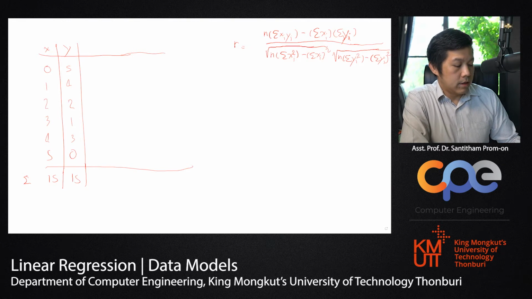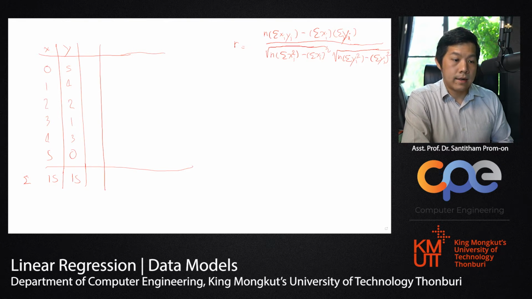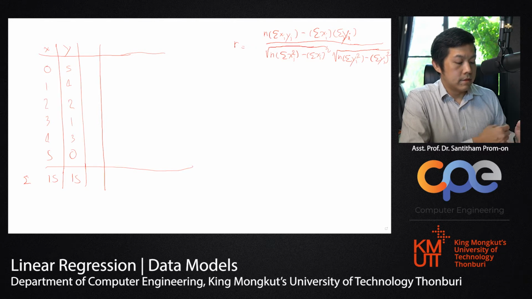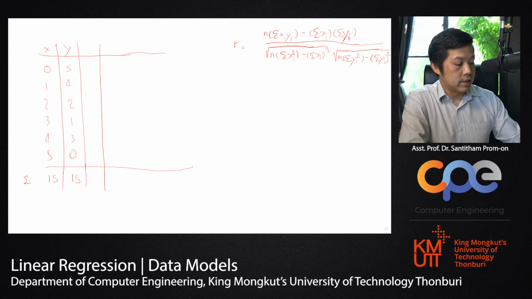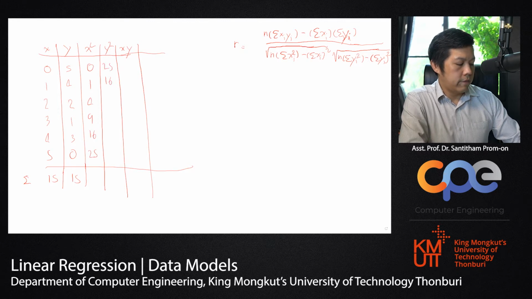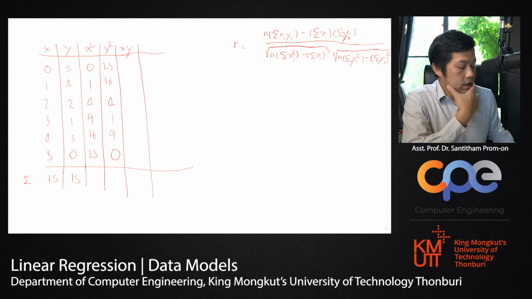Okay, then from the equation you can see that there are the power of 2, right? So this is the x square and y square and x multiplied by y. Then the x square would be 0, 1, 4, 9, 16, 25. This is 25, 16, 4, 1, 9, and 0. And then I need to sum them, right?